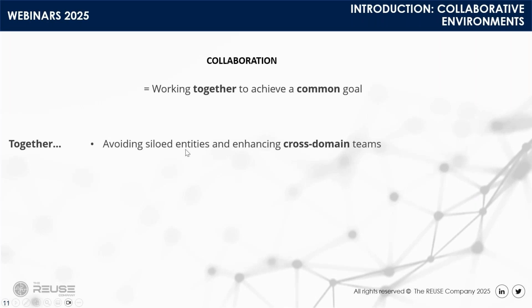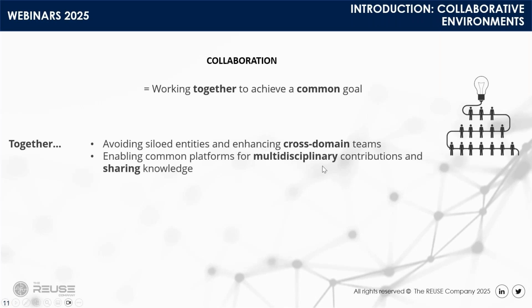These complex tool chains need to communicate with each other. That gives rise to the use of modeling languages to communicate in a more efficient way, the interoperability of tools, and other aspects. We need to enhance cross-domain teams working together. Common platforms will also enable multidisciplinary contributions and, very important, sharing knowledge.